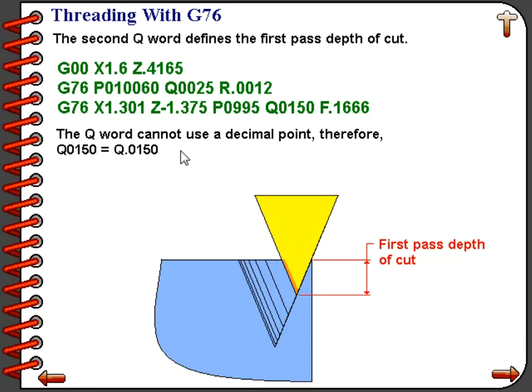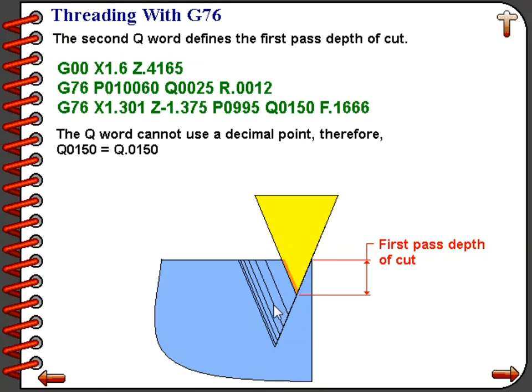What the control will do then, from that point, it will infeed an ever decreasing amount. So the first pass might be 15/1000ths of an inch infeed. The second pass might be 14/1000ths.